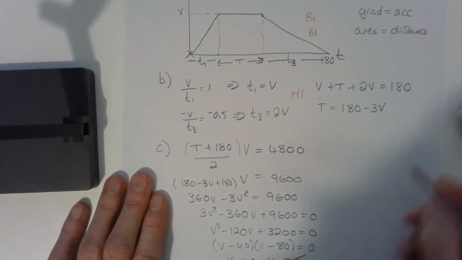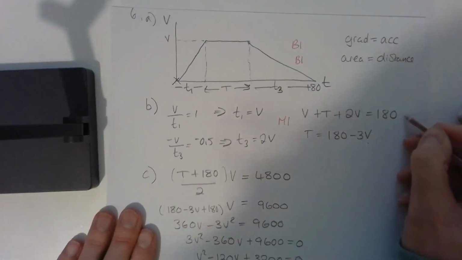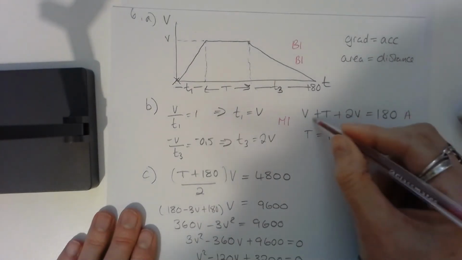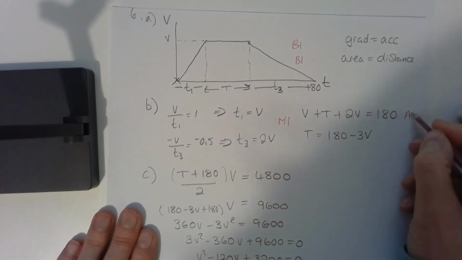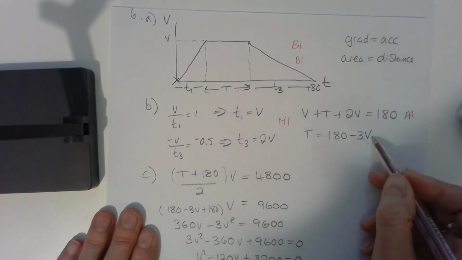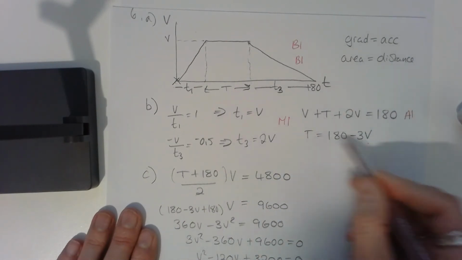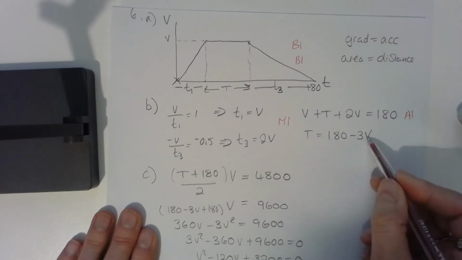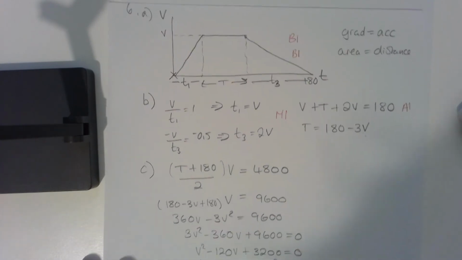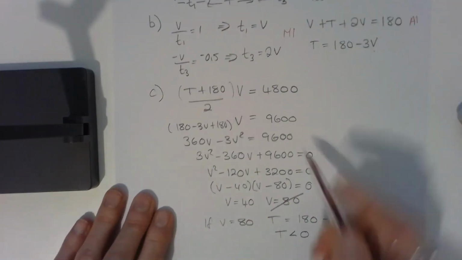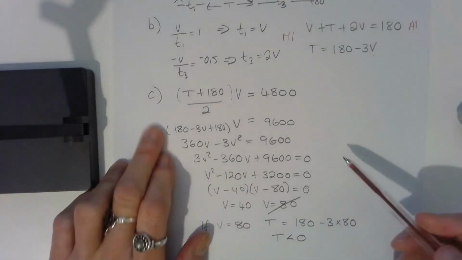An accuracy mark for writing the 2v values into an equation made here, and then writing this here. So if you just write this, you don't get the accuracy mark because this was given to you in the question. You have to write this leading to this. It's all about the working on a show that question.